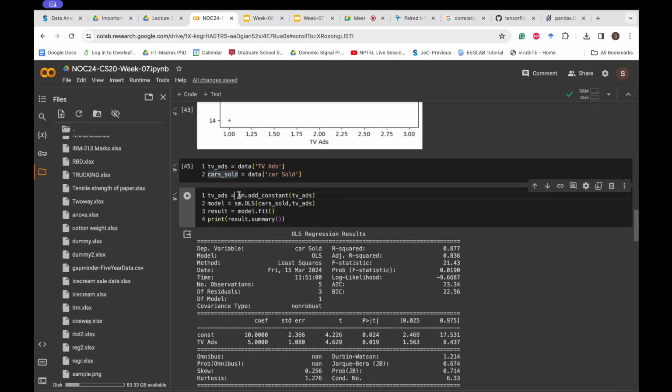So first of all, what we are doing is sm.add_constant to TV. Why is this constant being added? Let me just show you how it looks.